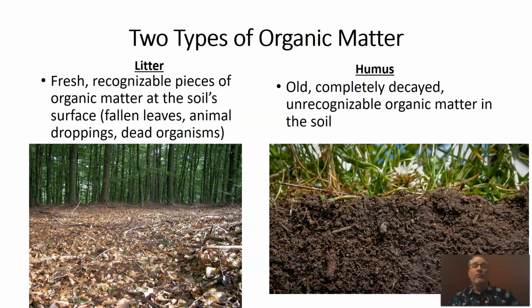So, two types of organic matter, really the same stuff, but it's just been transformed over time. We have the fresh, recognizable pieces at the surface. We call that litter. And then we have the old, completely decayed, unrecognizable stuff that's actually in the soil. We call that humus. So remember, when we talk about organic matter, we're talking about less than 5% of a typical soil sample.